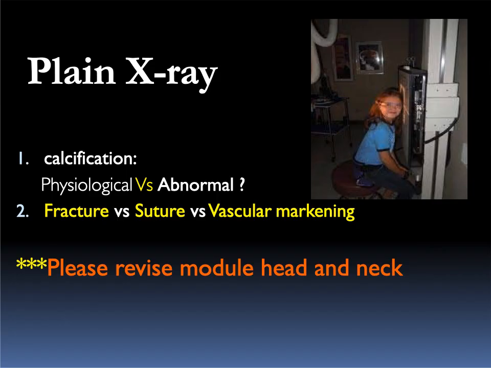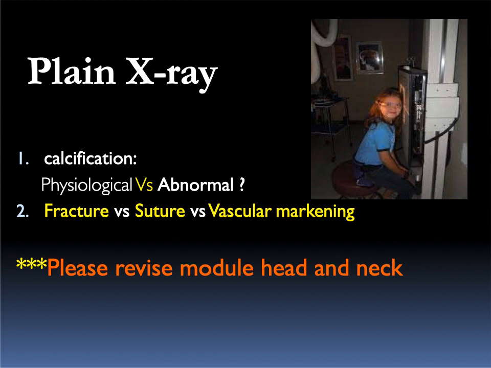The plain X-ray, as we mentioned, the problem is it is very non-specific and they may easily miss cases, although we can use it for fractures, for example, cervical fractures.